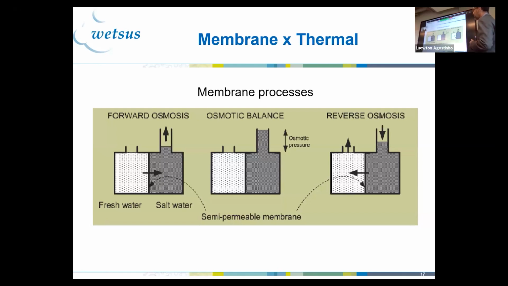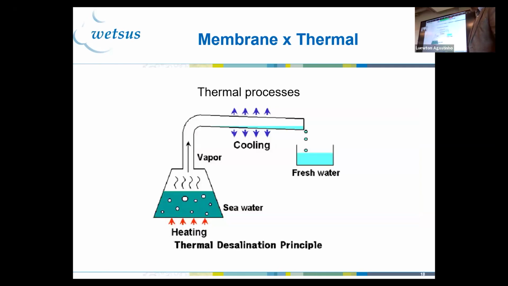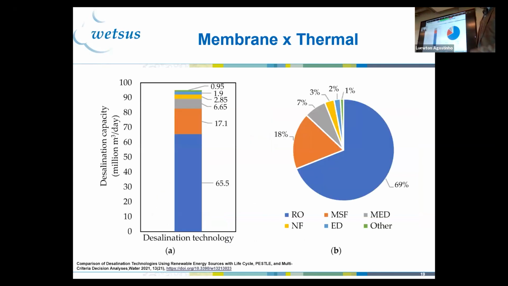You just use the osmosis balance, so nothing very new about it. And the thermal process is simply that you apply heat. By applying heat, you evaporate and then condense again. But of course, you leave your salts behind, because when you evaporate, you just evaporate your liquid fraction. So thermal and membrane are basically the two types of processes that you can have.